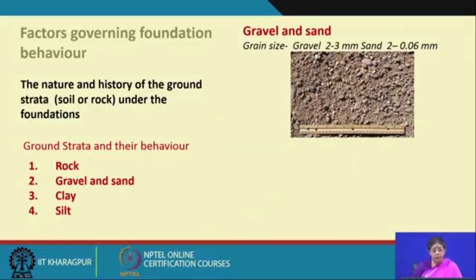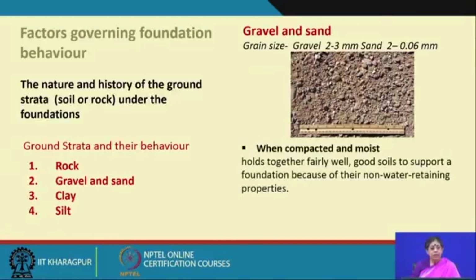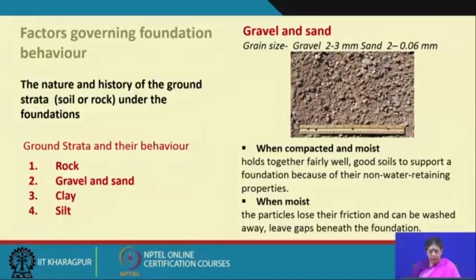Now, what is that behavior? The behavior is that when compacted and moist, gravel or sand holds together fairly well, and they are good soils to support a foundation because of their non-water-retaining properties. But the problem is that for gravel and sand, the carrying capacity comes from their friction, and so when it is moist, the particles lose their frictional quality and can be washed away, leaving gaps beneath the foundation.